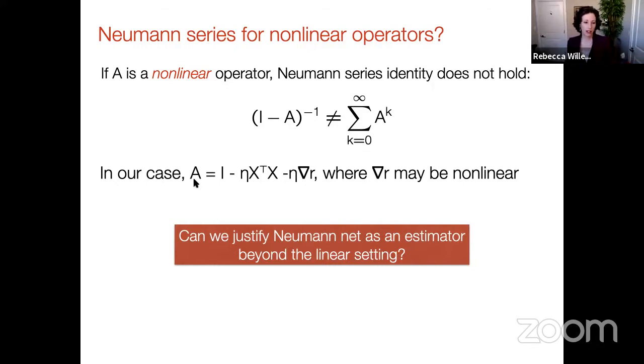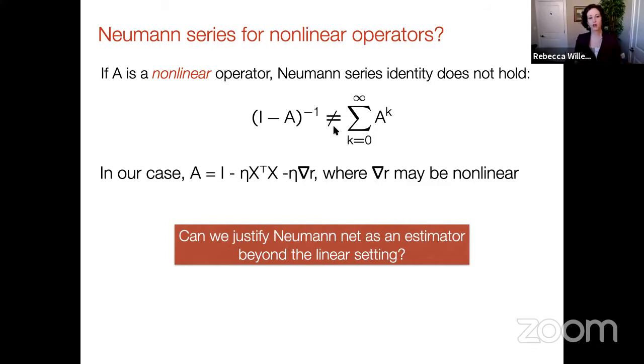But in our case, this general A would correspond to the identity minus eta times X transpose X, minus eta times the gradient of R. So now if the gradient of R corresponds to a learned neural network, then all of a sudden the gradient of R is no longer a linear operator, which means A is no longer a linear operator, which means this Neumann series expansion no longer holds.